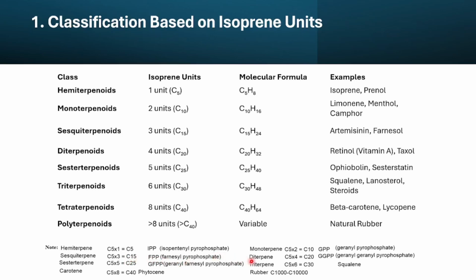So diterpenoids having 20 carbons, so 2 geranyl phosphates are formed. Sesterterpenes having 25, so geranyl and farnesyl pyrophosphates. So similarly, others are combined in the same way.